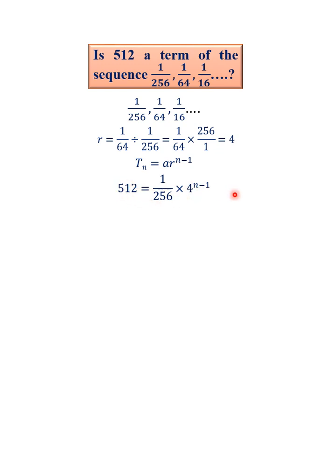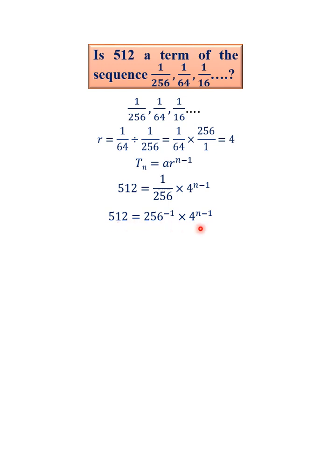We are going to express this in indicial form or in indices so that we can solve for the value of n. 512 is equal to 256 raised to power minus 1 in index notation times 4 raised to power n minus 1. This is the inverse law of indices.